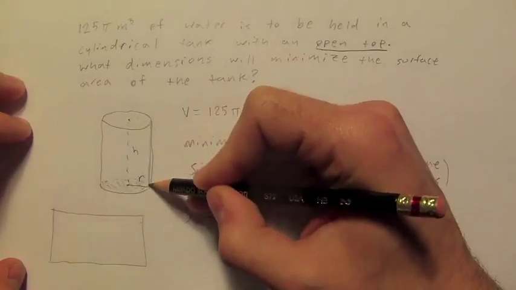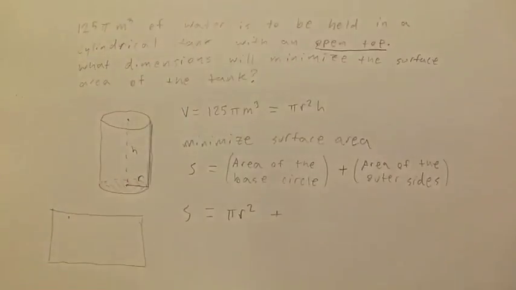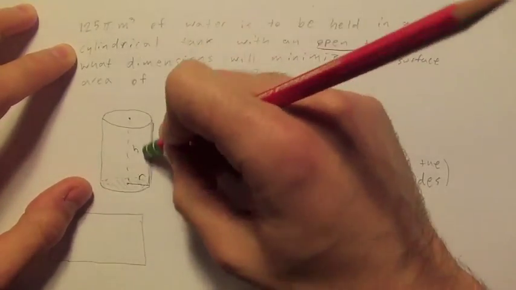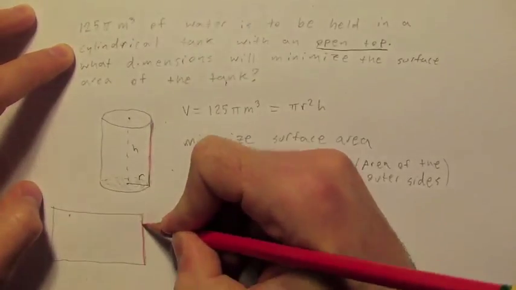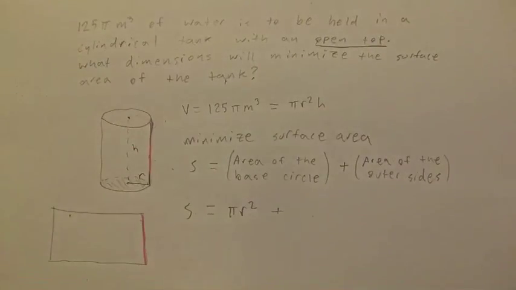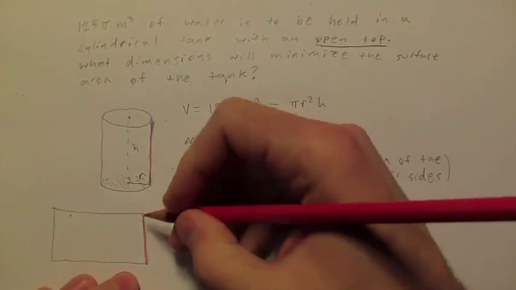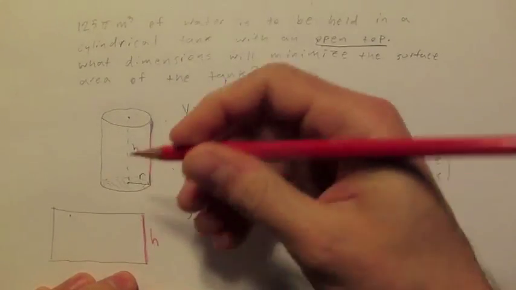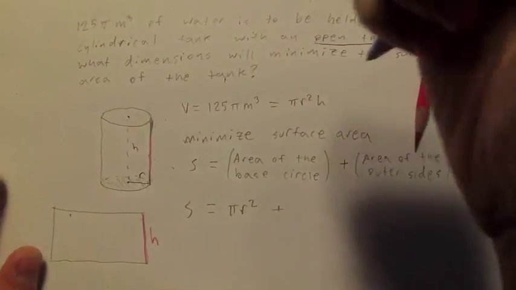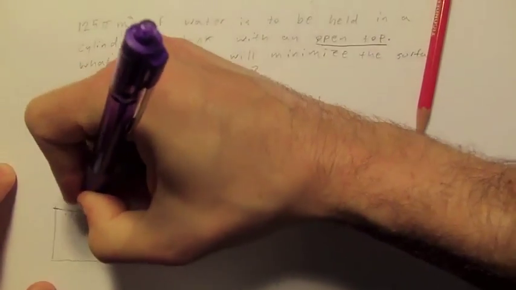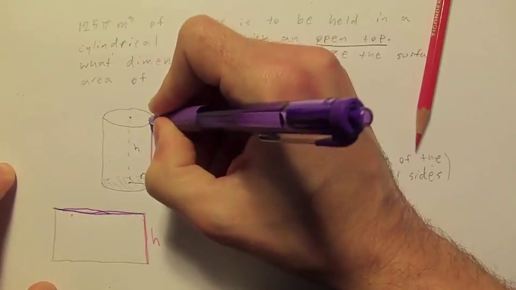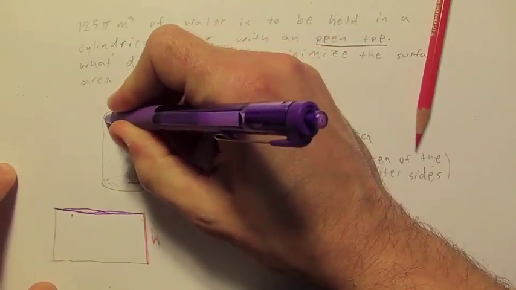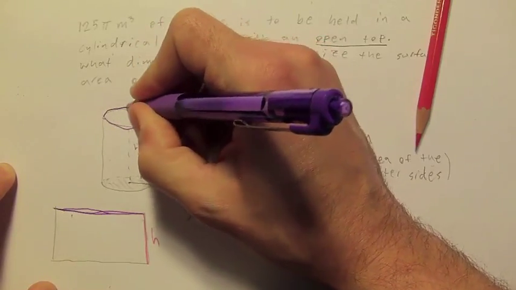Okay, and the side here, let me use colors here. The side here that I cut is, say, right here, and that is what value? Hopefully you guessed the height. That will be the height. And then this length here, okay, well, that is this length around the circle.